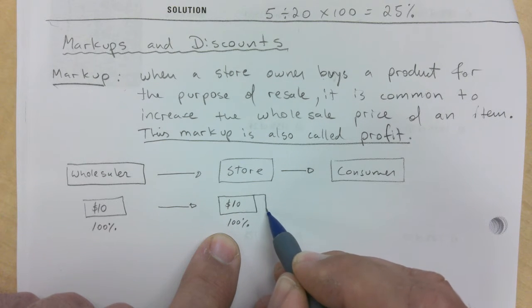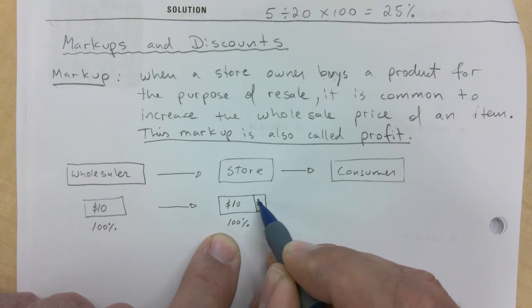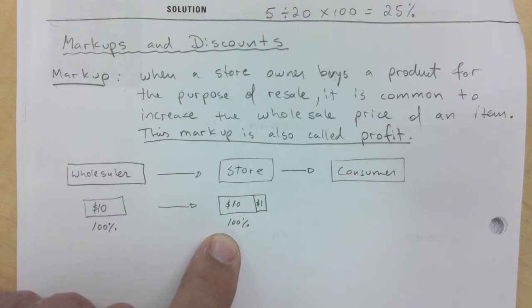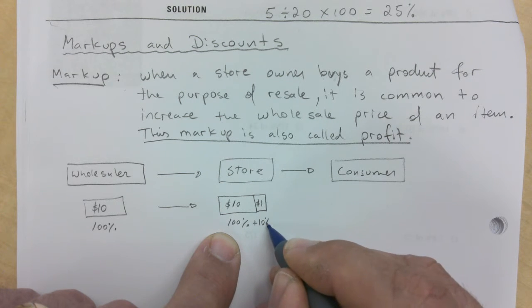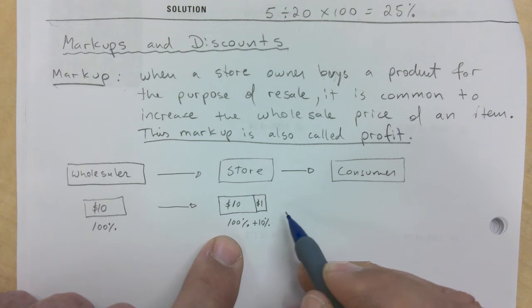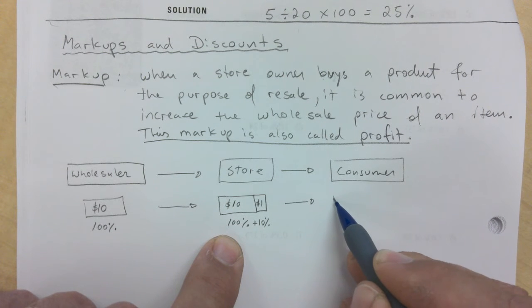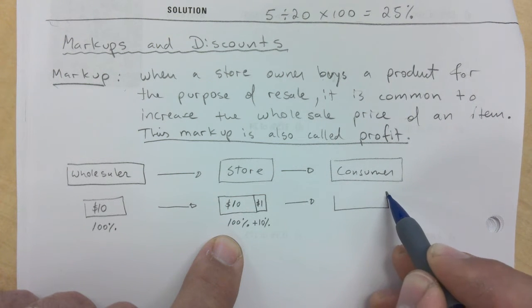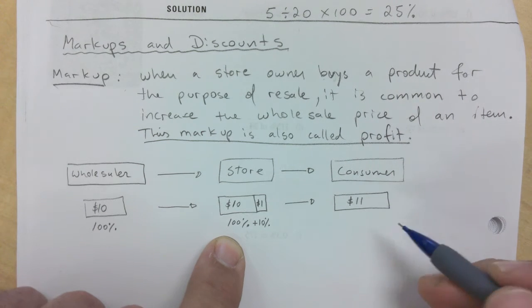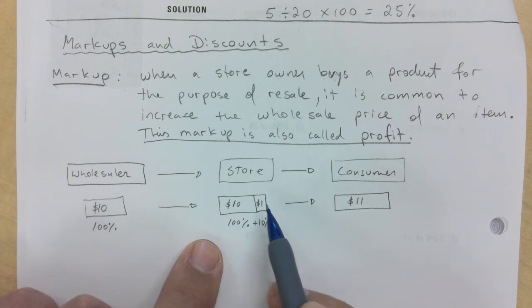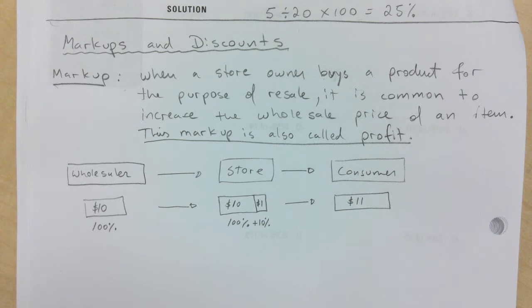So the store is increasing the value of this item by $1. The consumer sees that item, and all the consumer will see is the $11. They will not see what happened behind the scenes.